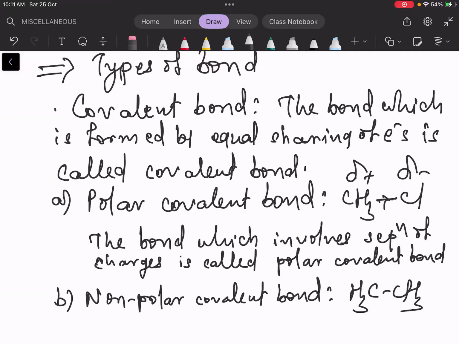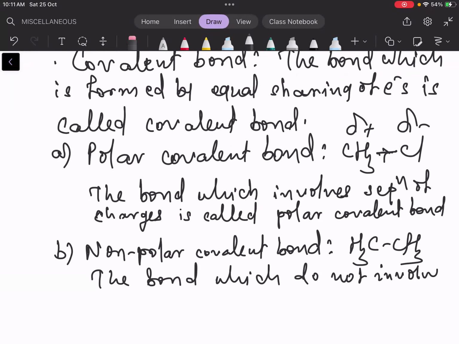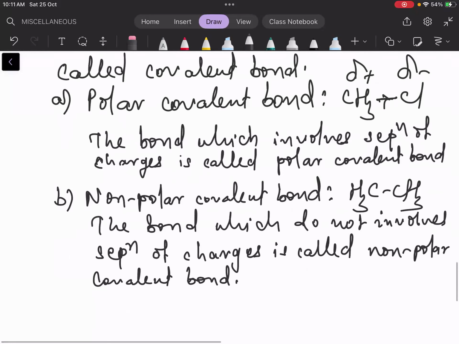So the bond which does not involve separation of charges is called a non-polar covalent bond. Is there any doubt to anybody?